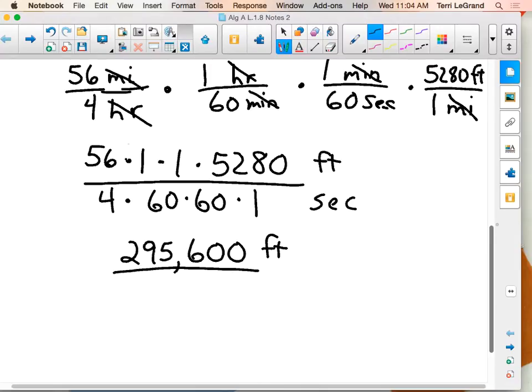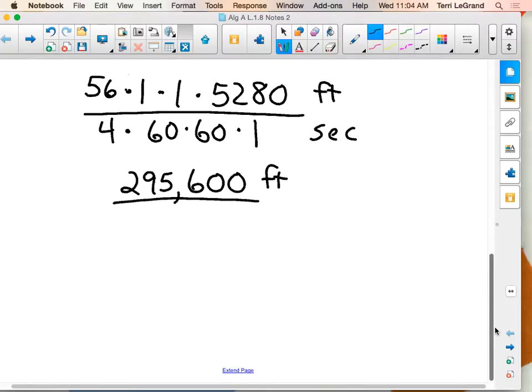Keep bringing those labels along. And then you have your denominators, all those things in your denominator to multiply. We have a 4 times the 60 times the 60 times the 1.